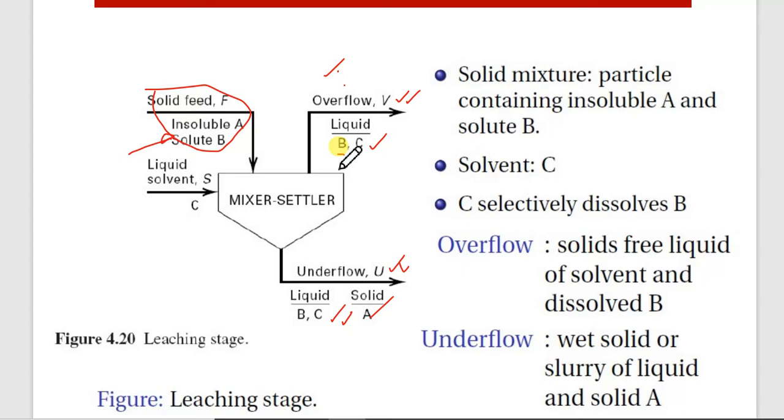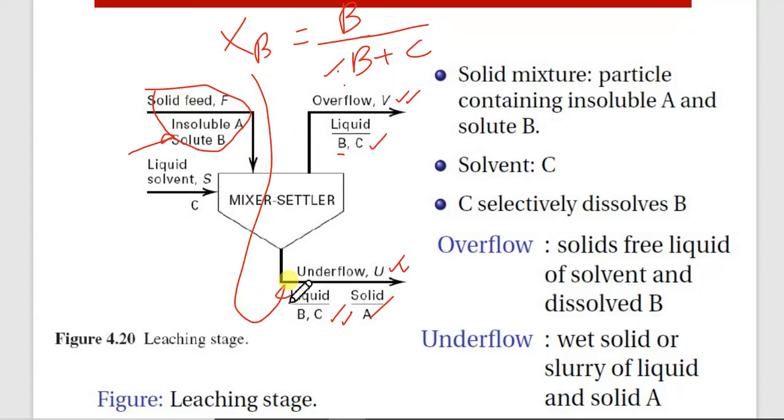So when we say XB, this is basically B over B plus C. We don't include A. So XB will be in underflow, and we say YB in overflow. Overflow is free of solid. So YB will be equal to XB.